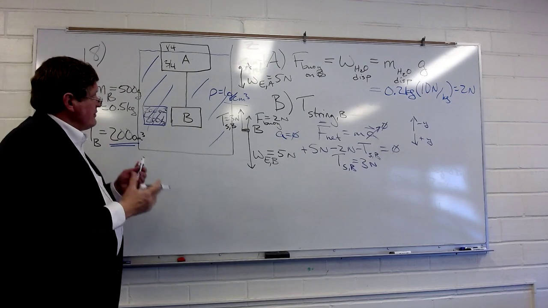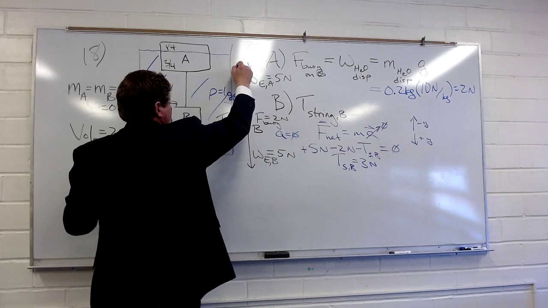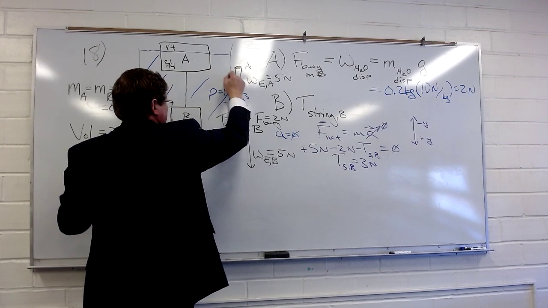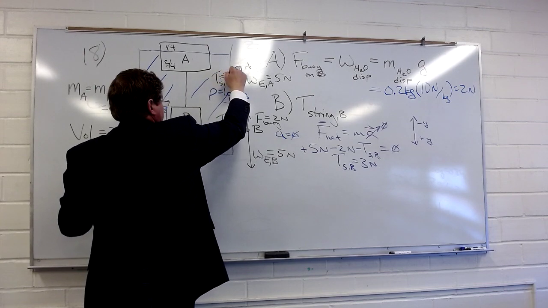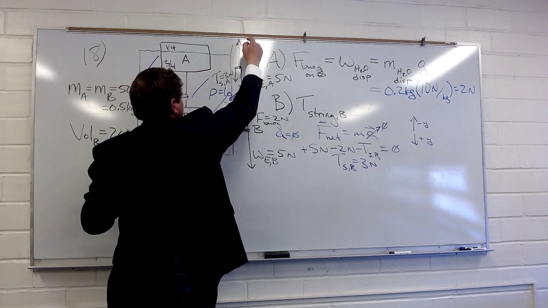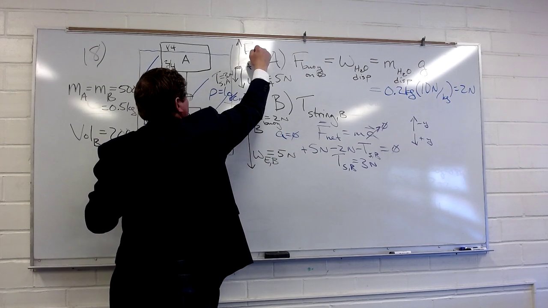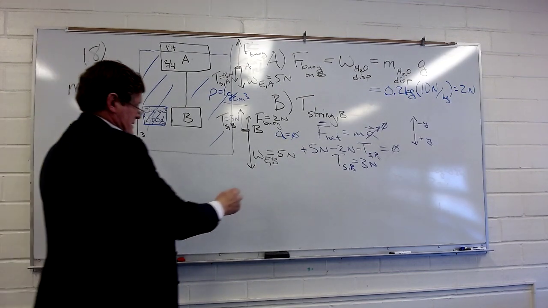I also have a tension and a buoyant force on A, but now the tension force is down, not up. And we know that it's 3 newtons. And we know that the buoyant force is the only upward force. And this has to scream 0 again.